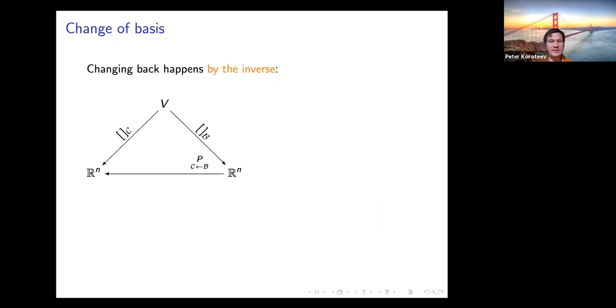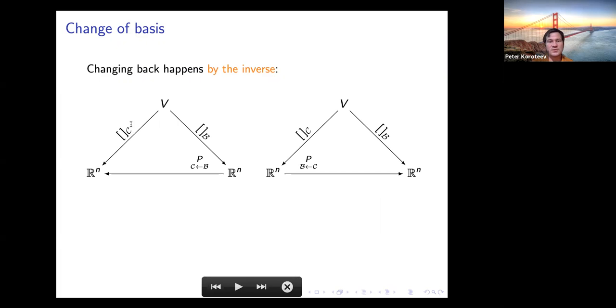Because you can take this diagram and just swap the left and right arrows, and then the map from this Rn to that Rn is P from B to C, and the map from this Rn to this Rn is P from C to B, right? And therefore, by combining these two diagrams, they have to be an identity.